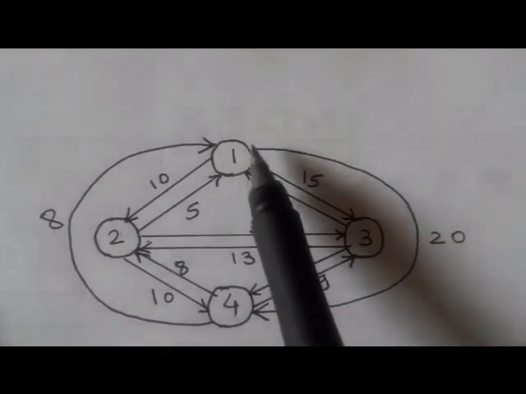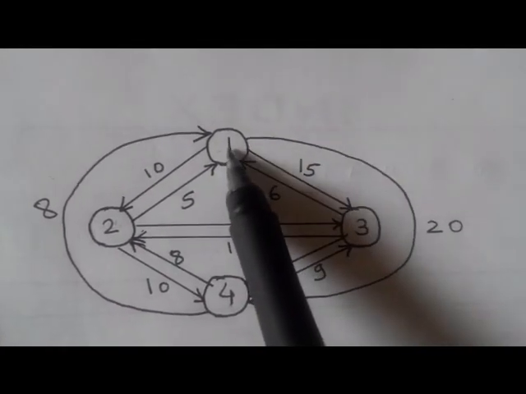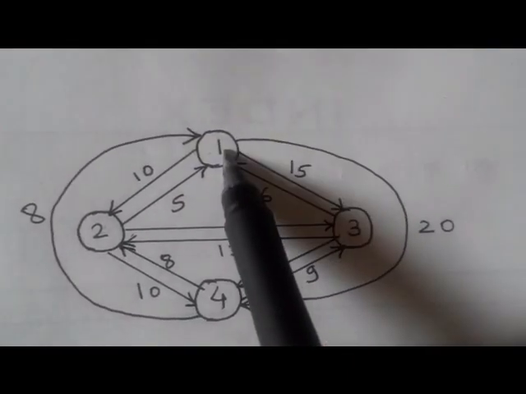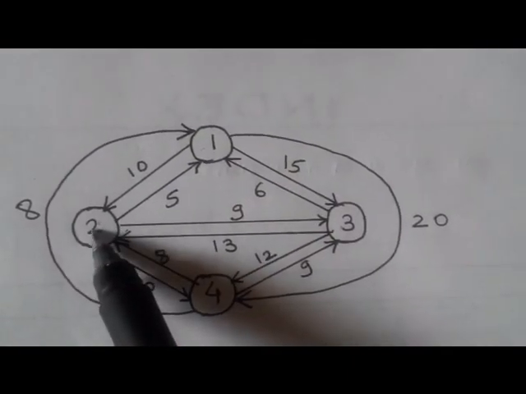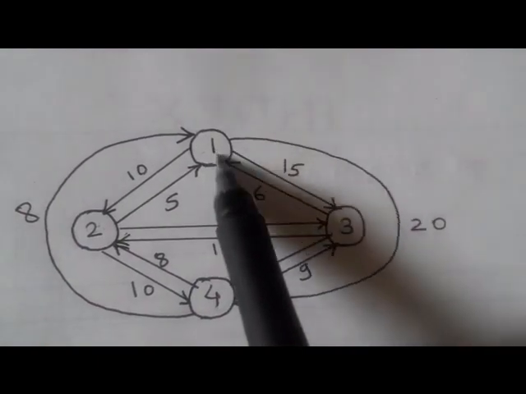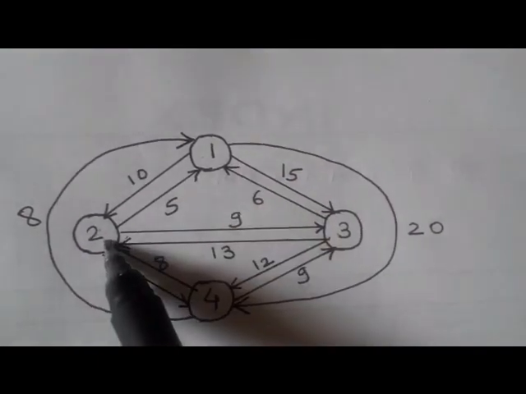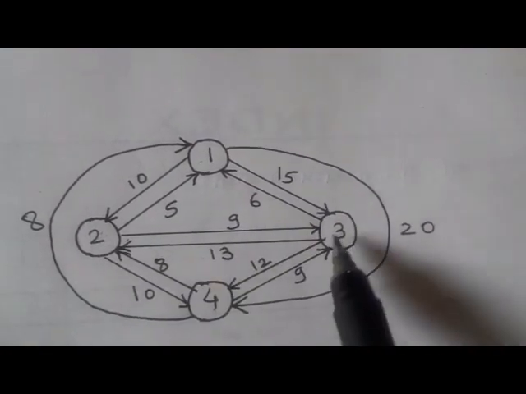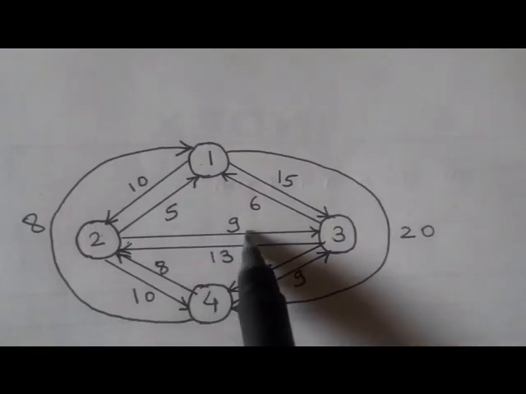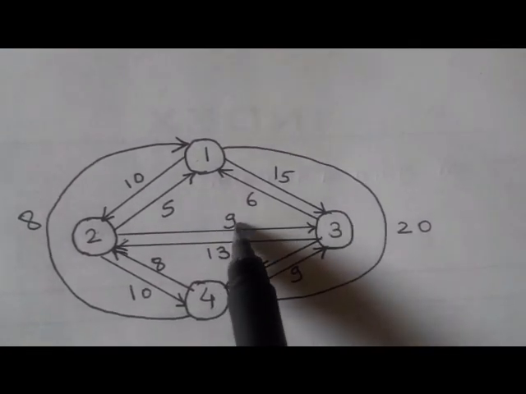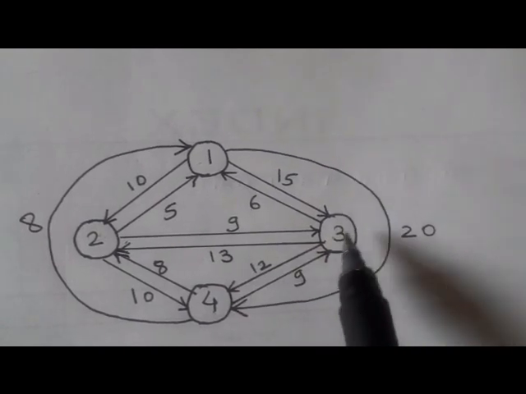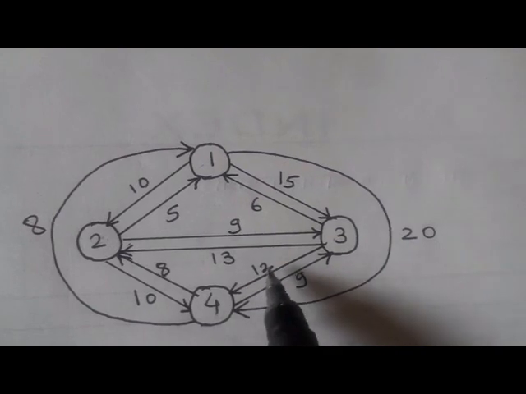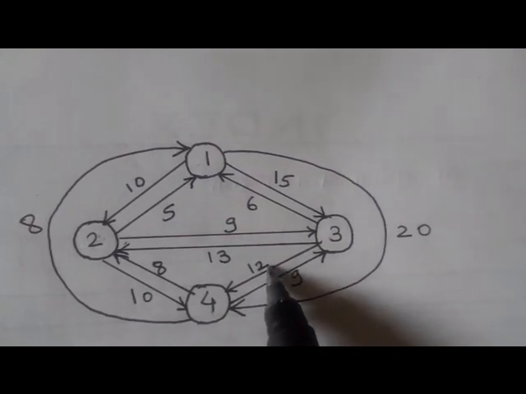Now we start from vertex 1. If we visit vertex 1, then the next vertex we visit is vertex 2, using the edge with cost 10. Then after 2, we visit vertex 3 using edge 9. Then from 3 to 4, we use edge 12.